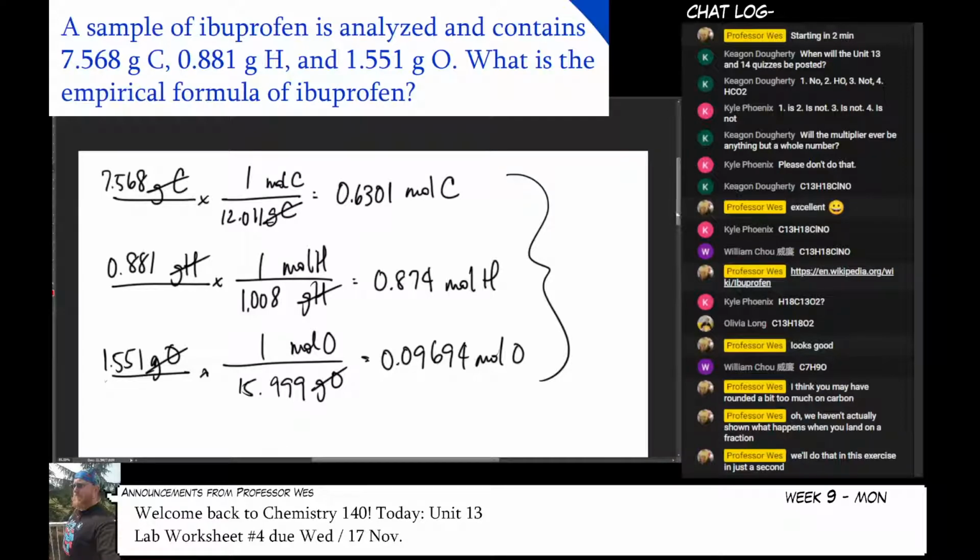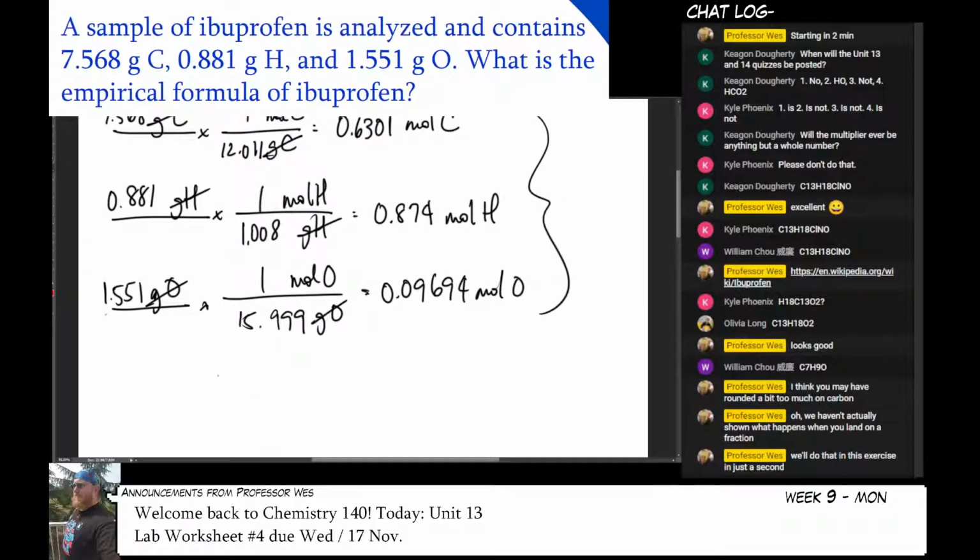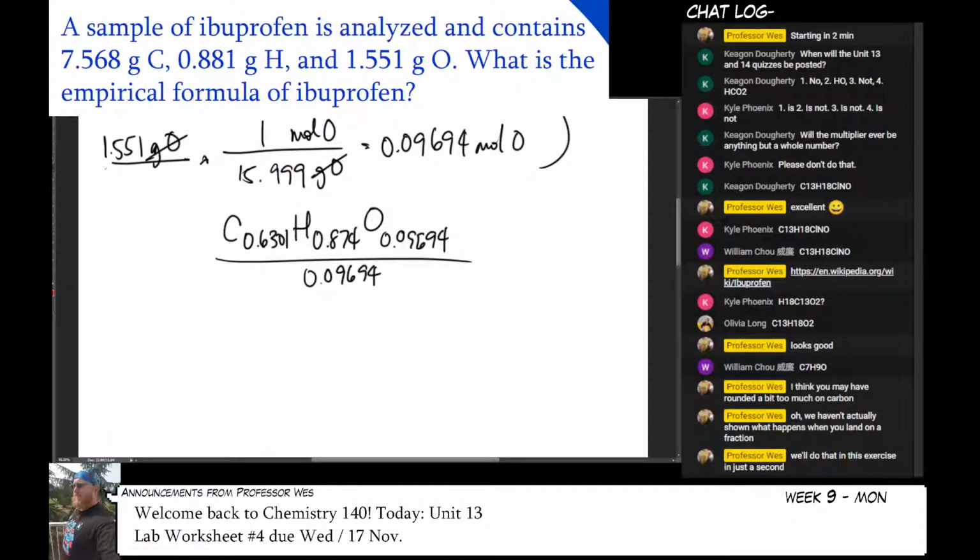So now we'll make a formula out of it. C 0.6301, H 0.874, O 0.09694. We're going to divide by the smallest number. And I get 1 for oxygen.